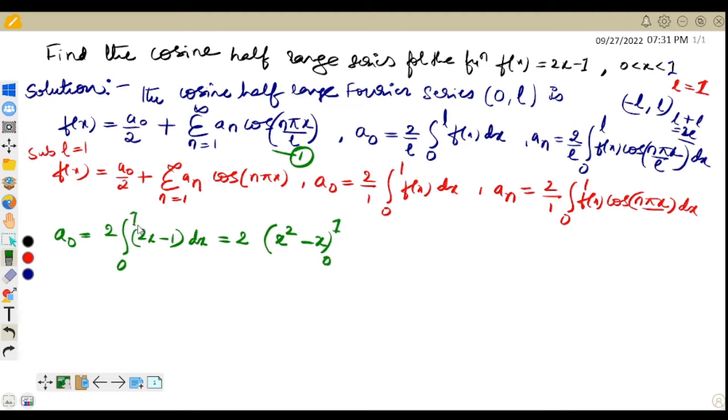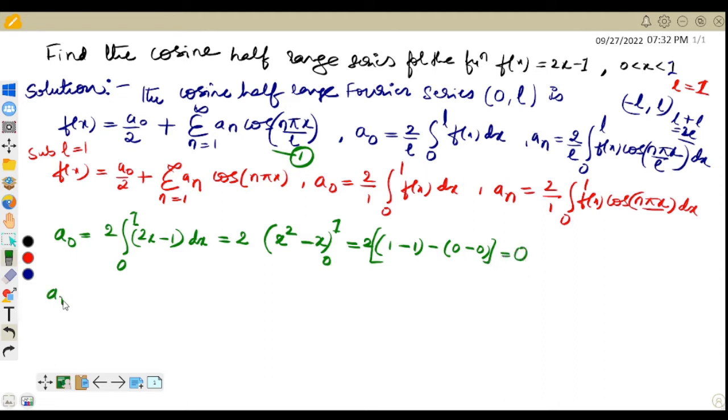Substituting the upper limit, 2 times 1 square is 1, minus 1, minus the lower limit 0 square is 0, minus 0. So 1 minus 1 is 0. So a naught value is 0.